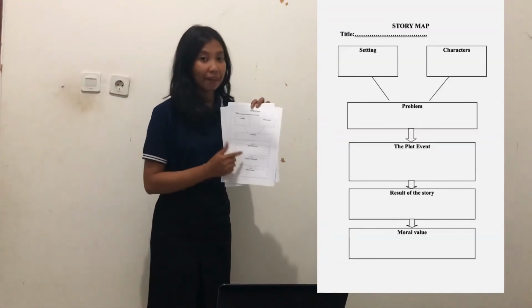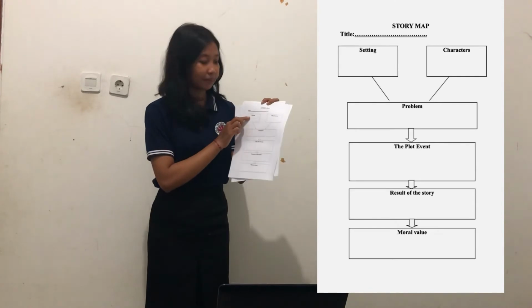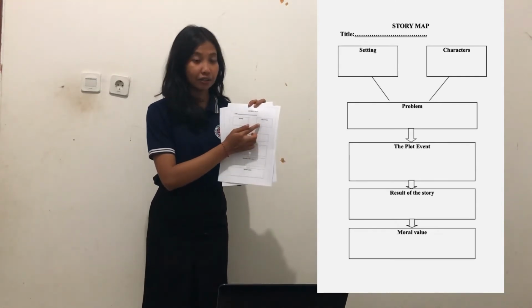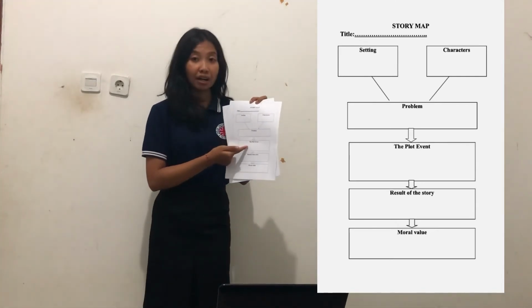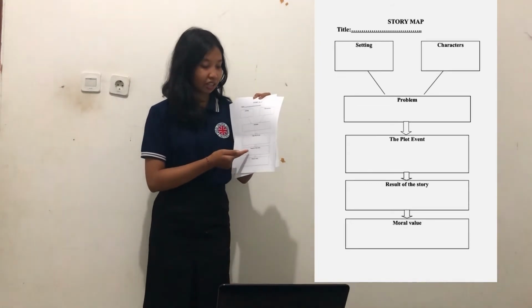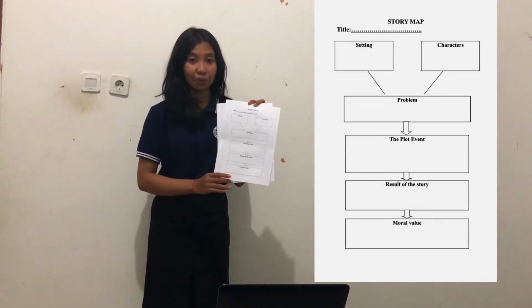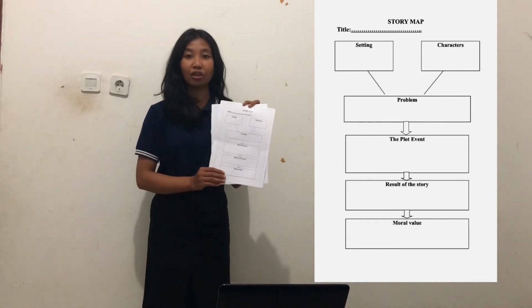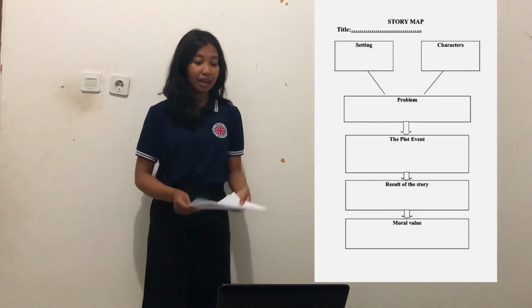The story mapping contains the title, the setting, the characters, the problem, the plot event, the result of the story, and the last one is the moral value contained in the story. So, you have to read the narrative text first and also complete the story mapping, discussing with your friends. And I will give you 30 minutes.